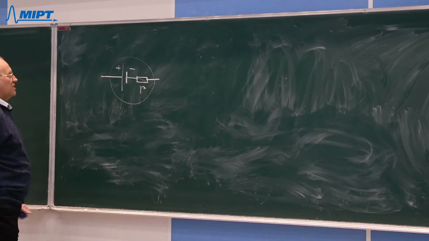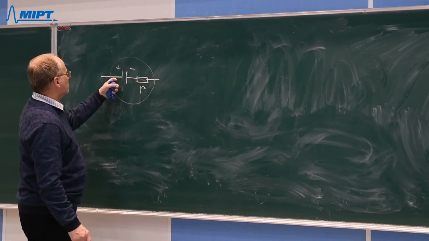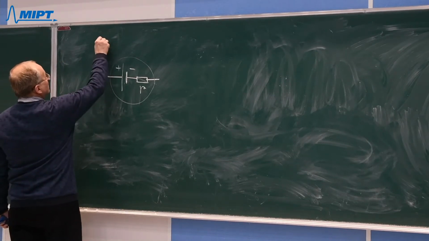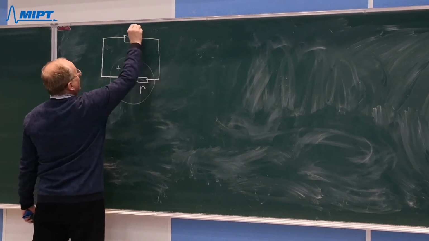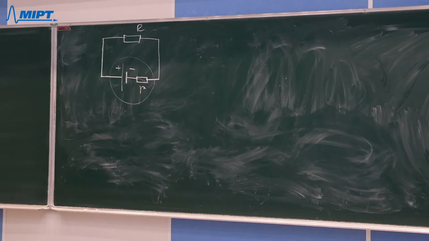By convention, we show this internal resistance just close to this battery, and this battery is connected to some external resistor, R, and we have to derive the Ohm's law for such a closed circuit.